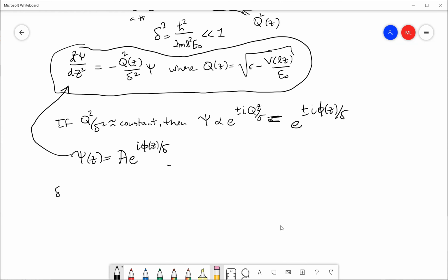So we get delta squared dz acting on the first application of the chain rule here. It's i over delta d phi dz e to the i phi over delta. That's the first application of the chain rule, that second derivative.